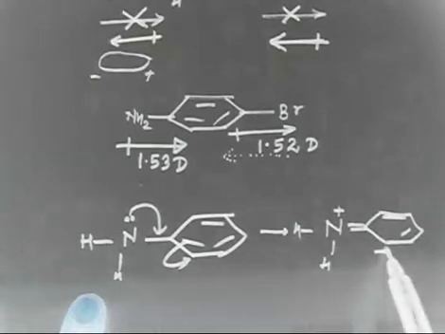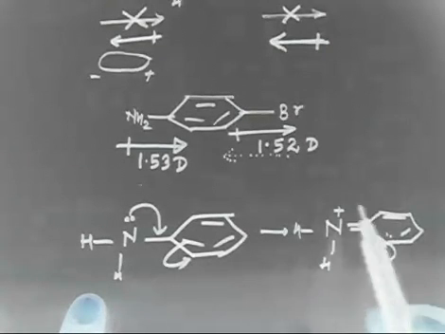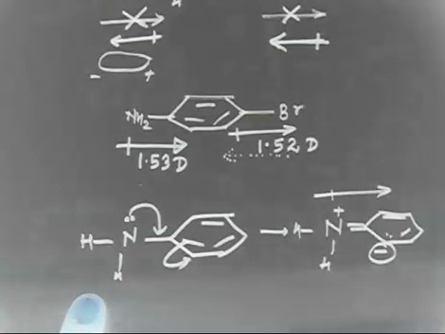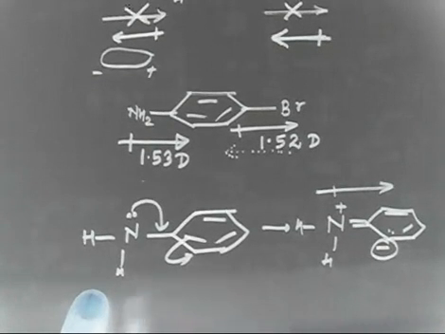So you can clearly see there is a minus charge in the benzene ring. The direction of dipole moment is something like this. So in aniline, the direction of dipole moment is from nitrogen to the benzene ring.